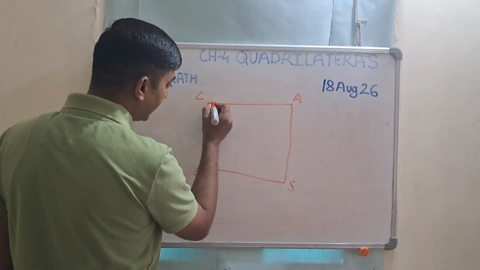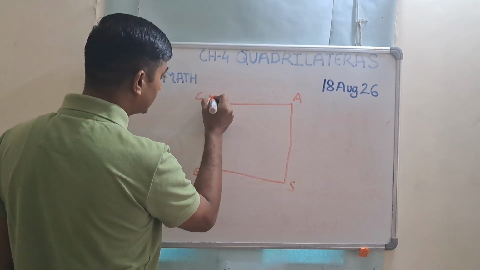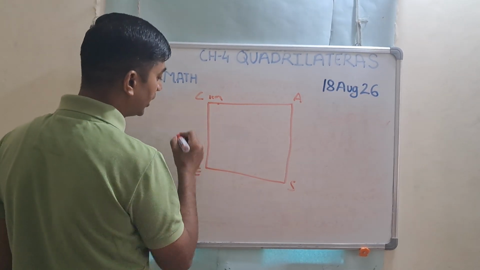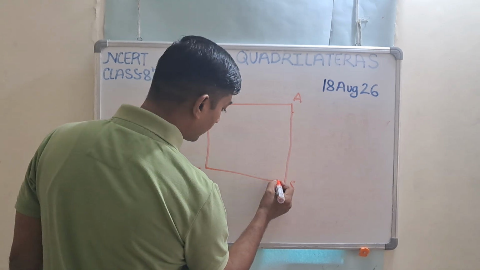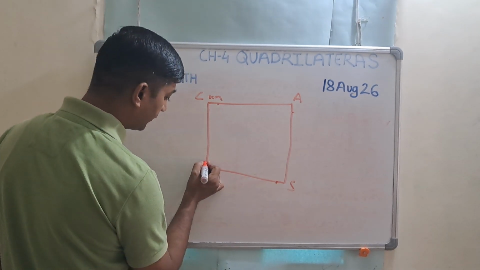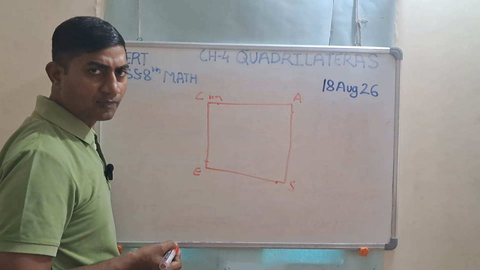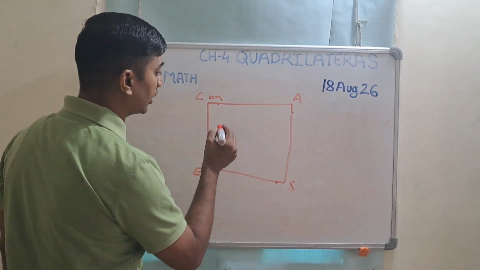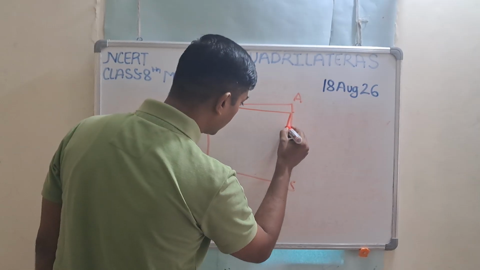If you take 1 centimeter from here to here, then again take 1 centimeter from here, and from here, and from here. When you simply join these points, it is definitely a square, and geometrically you can prove it.